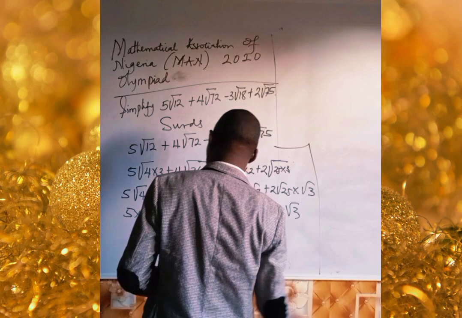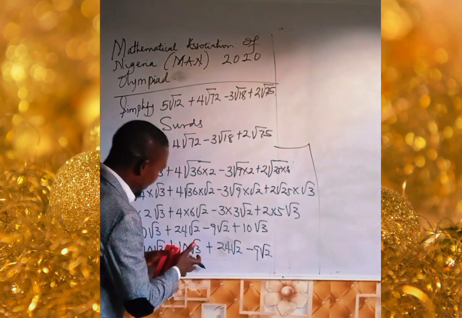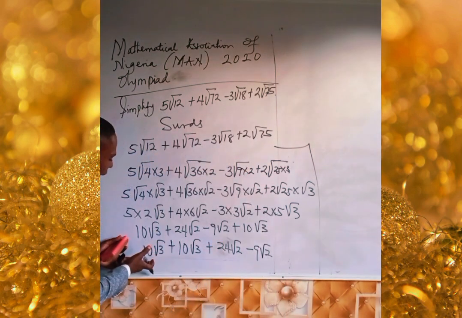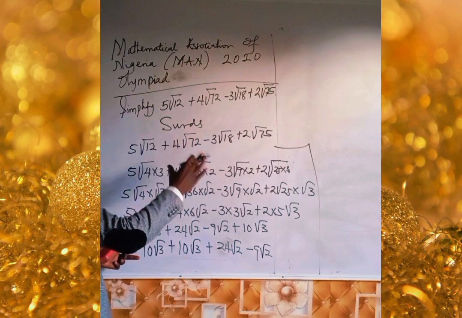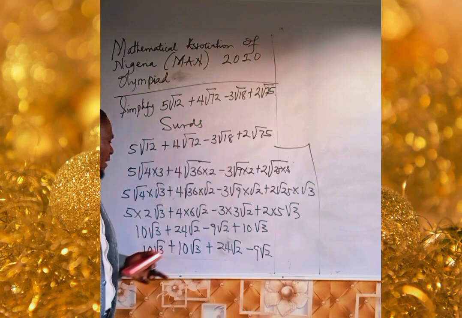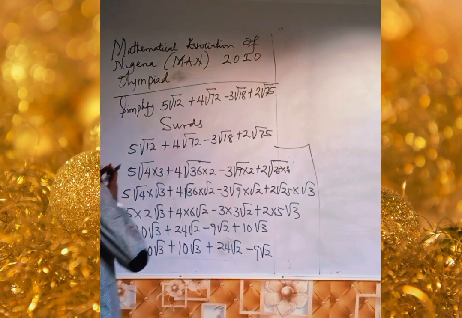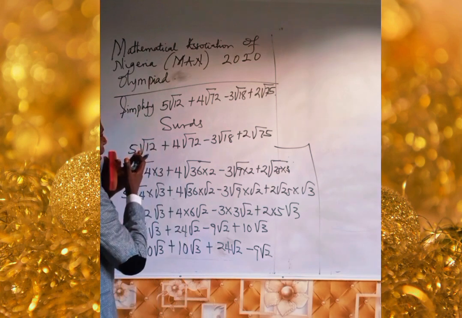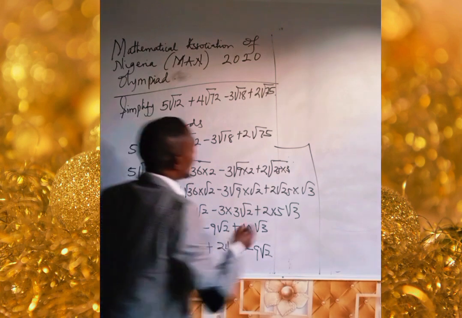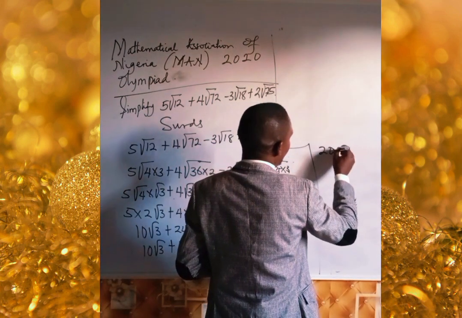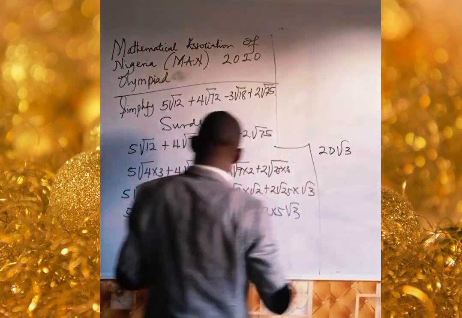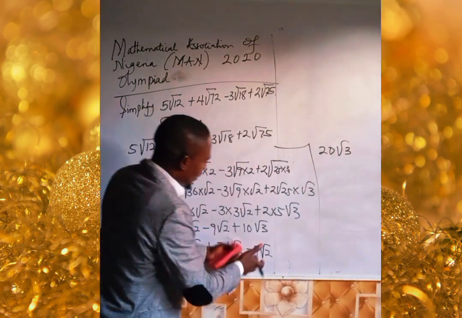Now let's continue. 10 root 3 plus 10 root 3. It means that you have how many root 3? 10. If you have 10 root 3 here and 10 root 3 here, if you add them together, that will be 20 root 3.